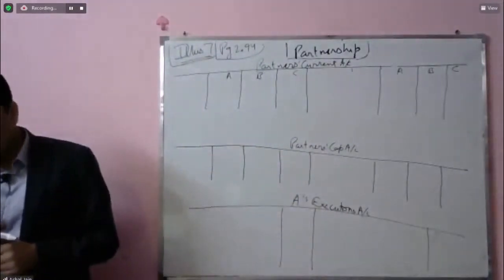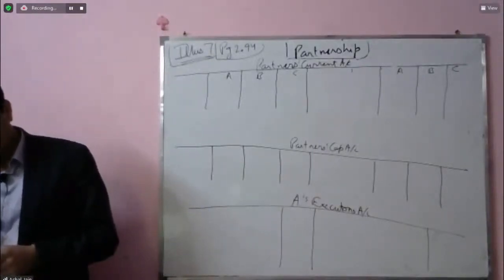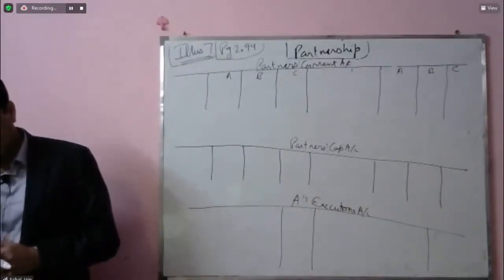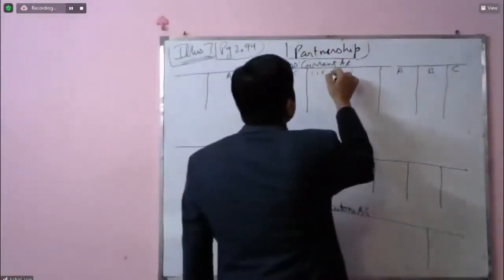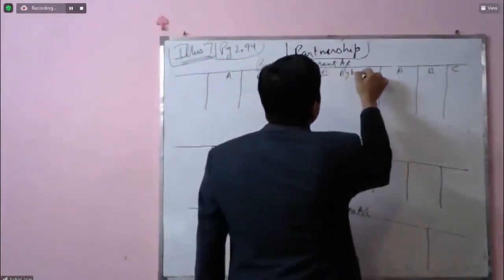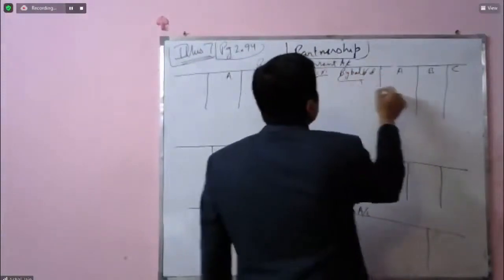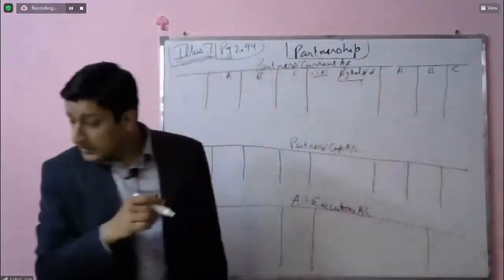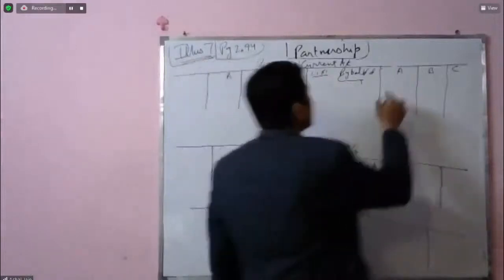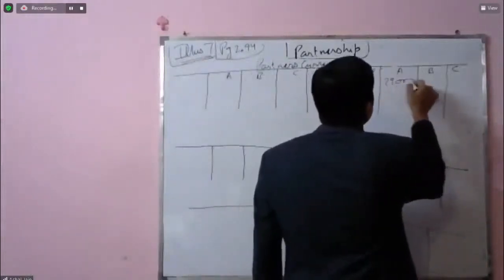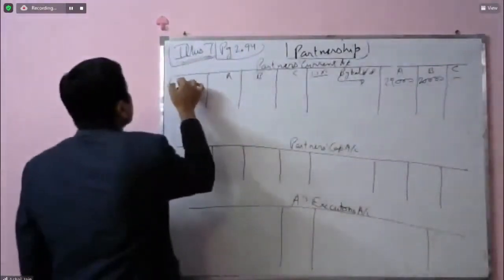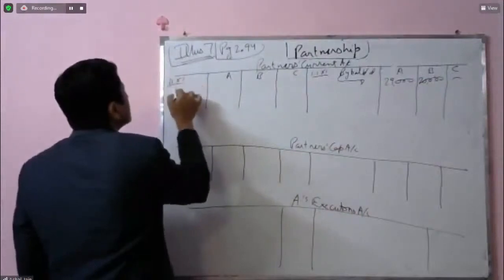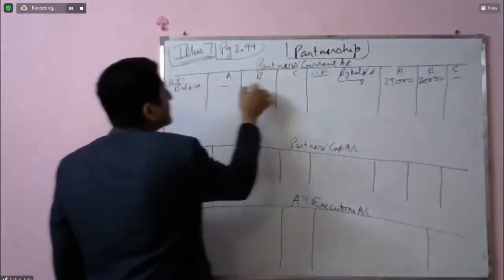So now moving further, we are having opening balances of all of these partners. So A, B were having credit and C was having debit balance. So 1st of January, X1, by balance brought down, this was 20,000, 20,000, and over here 1st of January, X1, balance brought down.